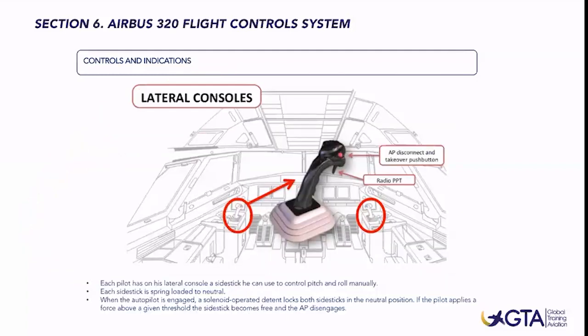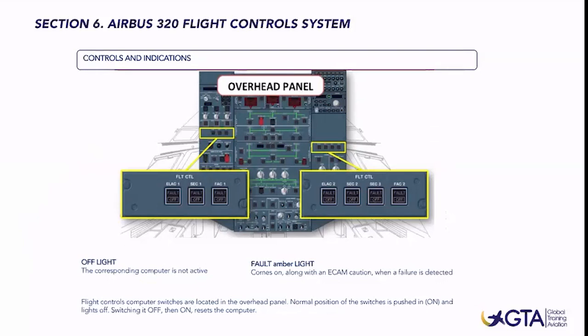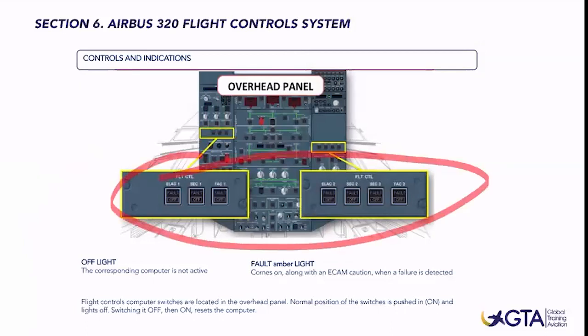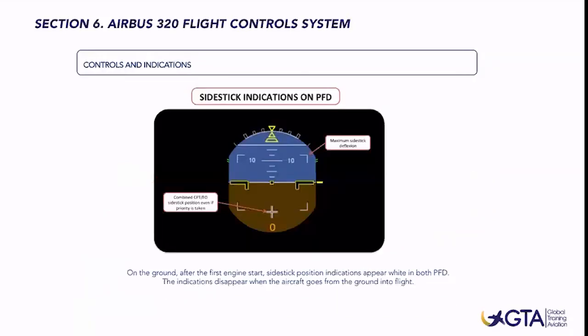Side stick with autopilot disconnection, radio PTT, overhead panels, we do have 7 flight control computers: FAC1, SEC1, ELAC2, FAC2, SEC2, SEC3, ELAC1. But remember that on the flight control ECAM page, we have only 5 flight control computers indicated, not 7.